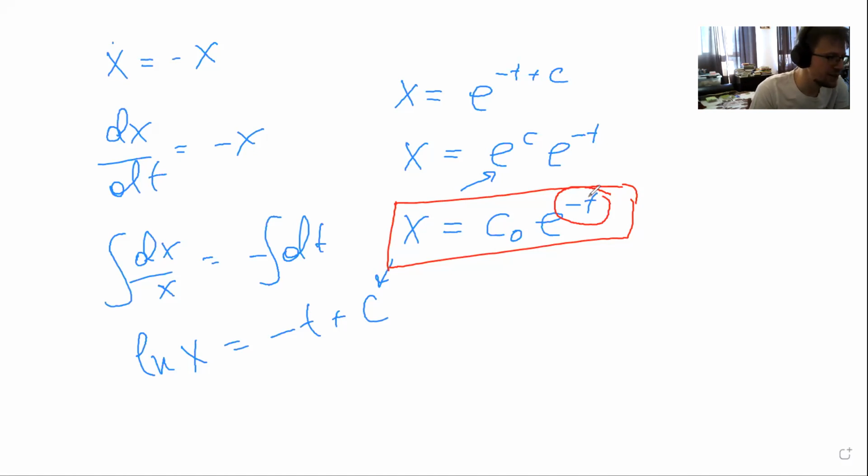And that means the solution is going to converge towards 0, because this approaches 0 as t approaches infinity. So I hope this makes sense.